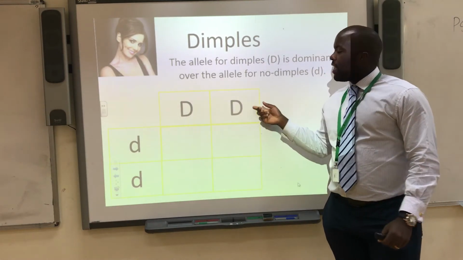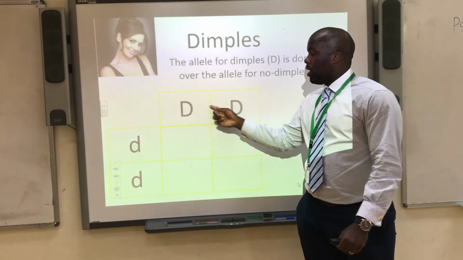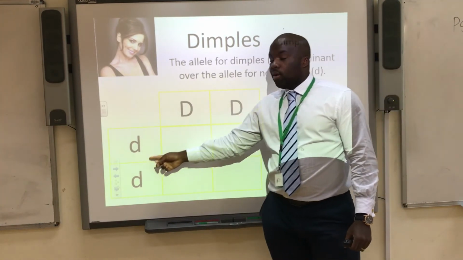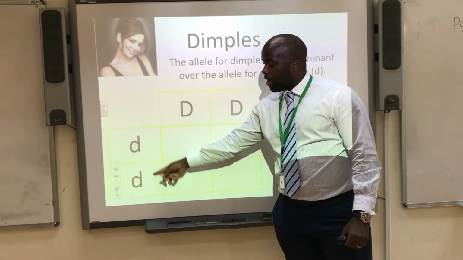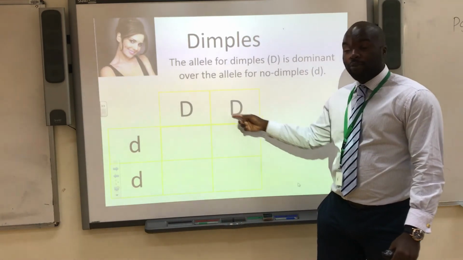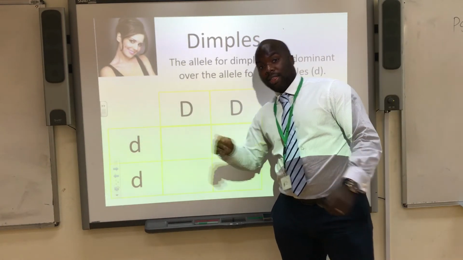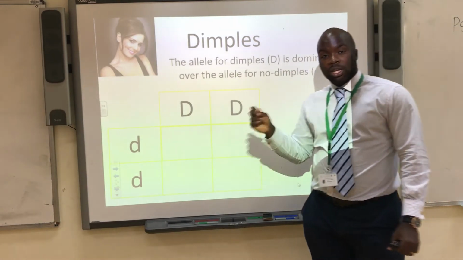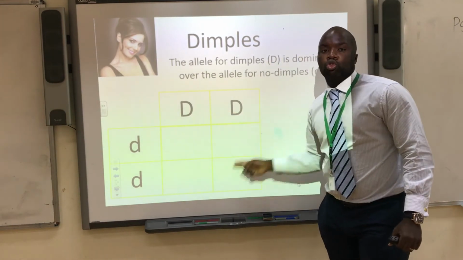One individual, let's say this is the father, has two homozygous alleles, okay? And one individual, let's say this is the mother, has two homozygous alleles as well. However, the father is homozygous dominant, the mother is homozygous recessive. Okay? Now, always read into the question because they will give you snippets of information that will help you in order to draw out your Punnett square.